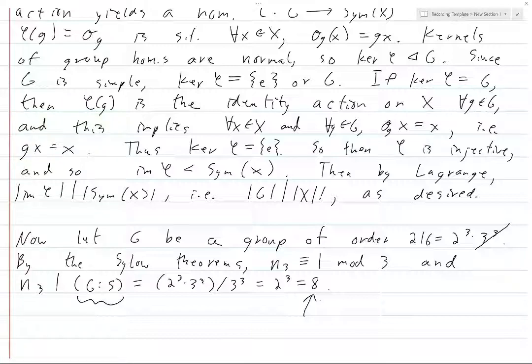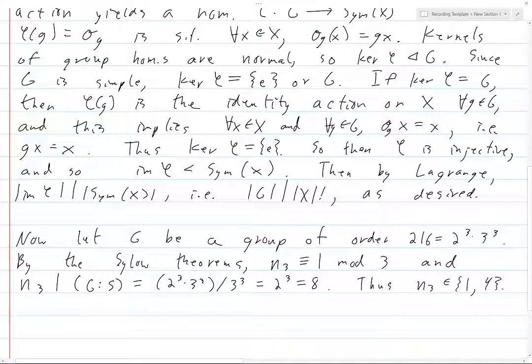It also has to divide 8, so it has to in particular be less than or equal to 8. And so our only options are 1 and 4. So thus n3 is either going to be 1 or it's going to be 4. And we're just going to break this up into cases and look at them both and see what happens in each case.